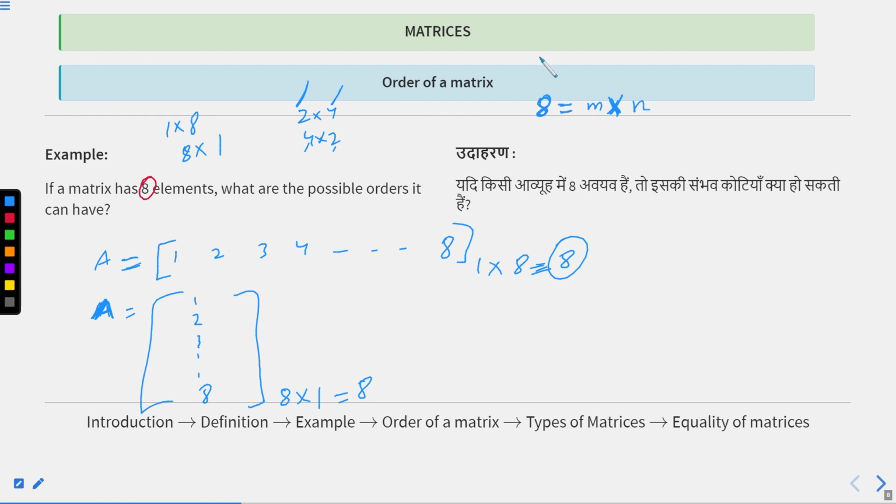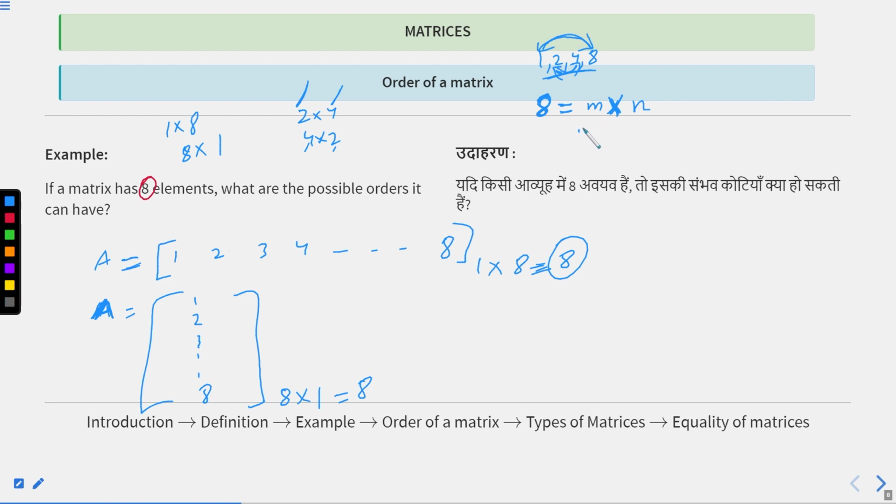So if you find all factors of it, you will find 1, 2, 4 and 8, only these factors. Now these only get paired, and no other elements you can find.